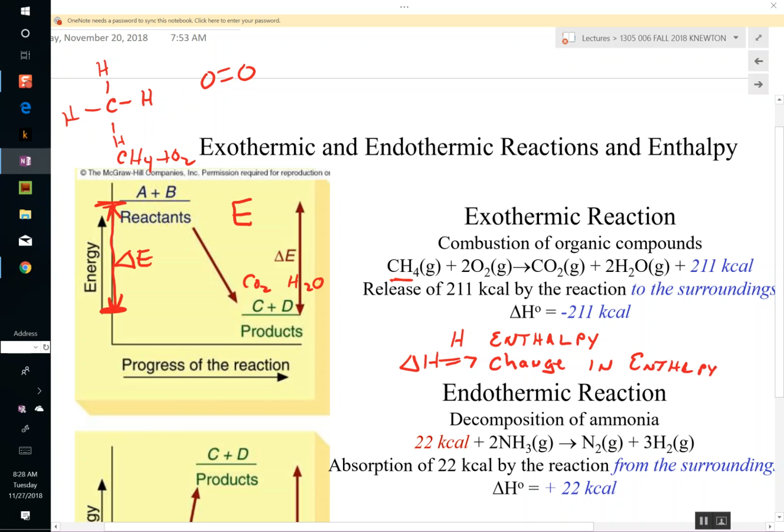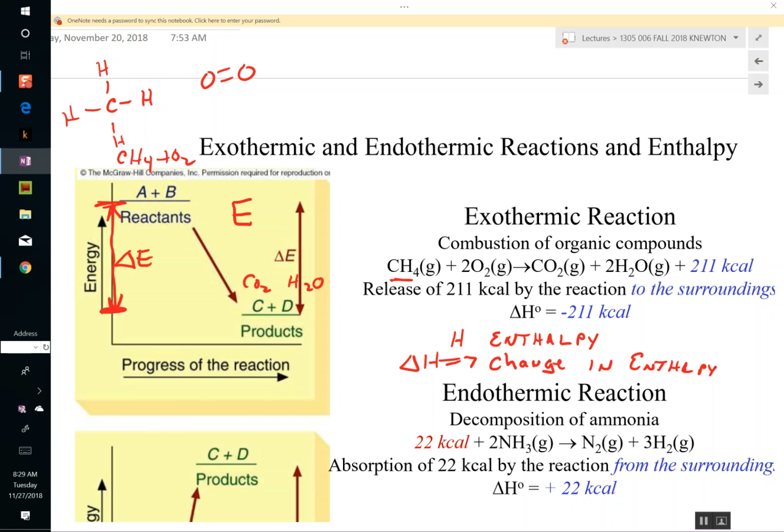What does that mean? We don't always know. As a matter of fact, in most cases, we don't know what this number is right here. We got an energy scale right here, but we say, what is that number? Well, we don't exactly know what that number is.